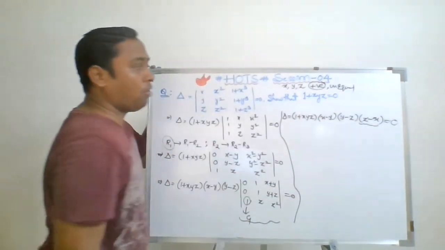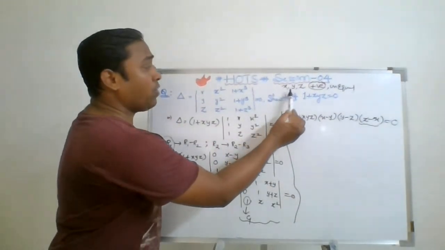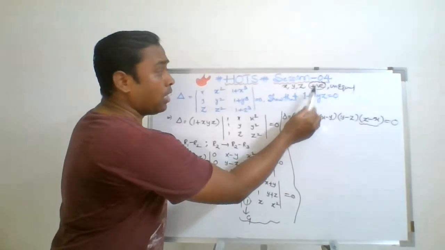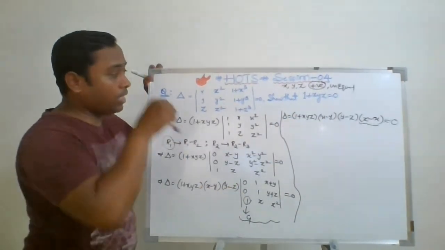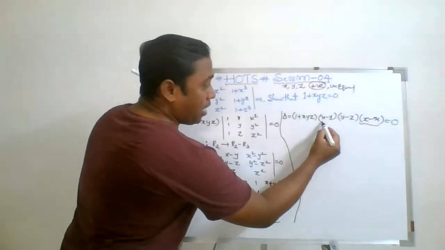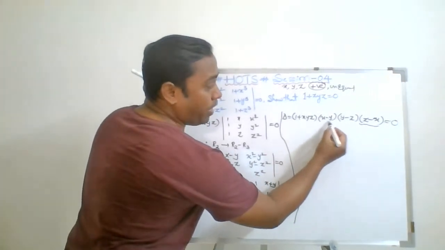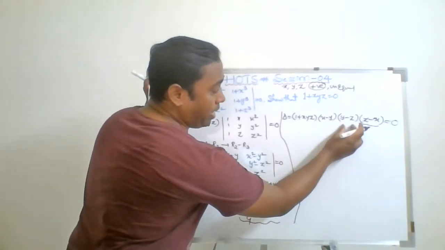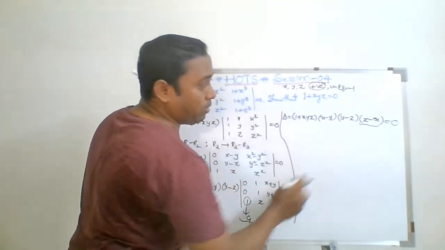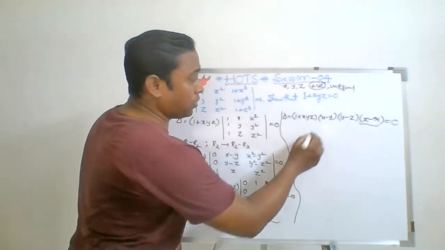The important clue of this question is that x, y, z are positive and they are unequal. So if they are unequal, it cannot be equal to 0. Means x minus y cannot be 0, y minus z cannot be 0, z minus x cannot be 0.